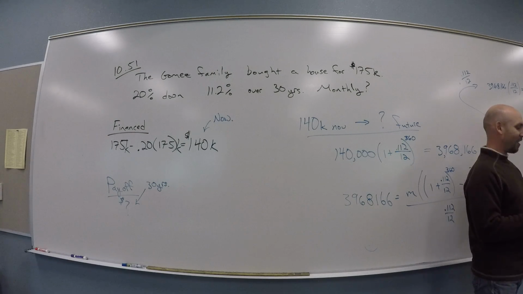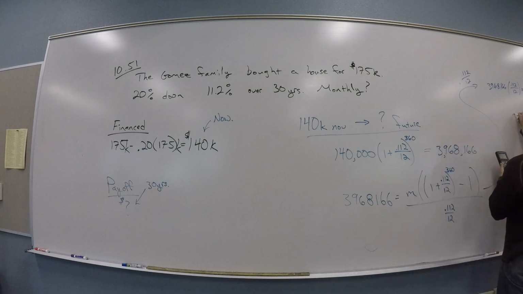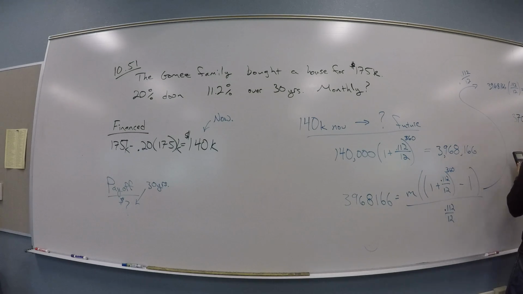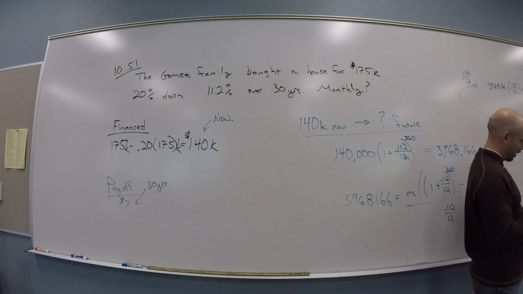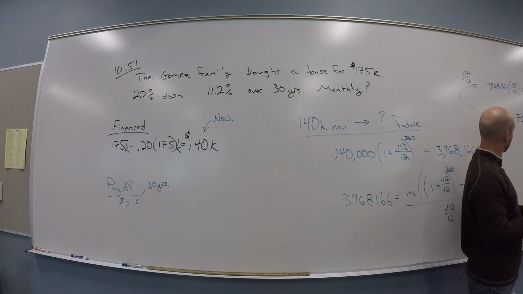Okay, so on the left-hand side of this equation, I got 37,036.216 is M times, and on the other side, I have, oh, crap, I erased it.